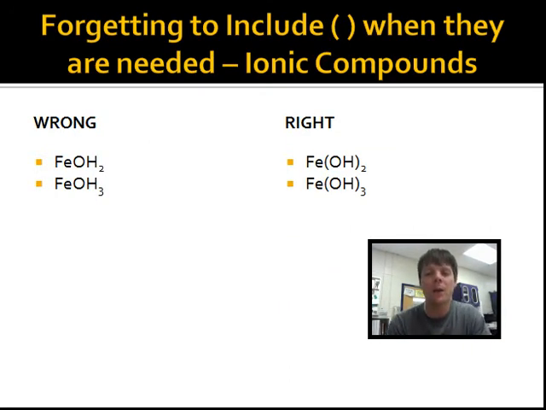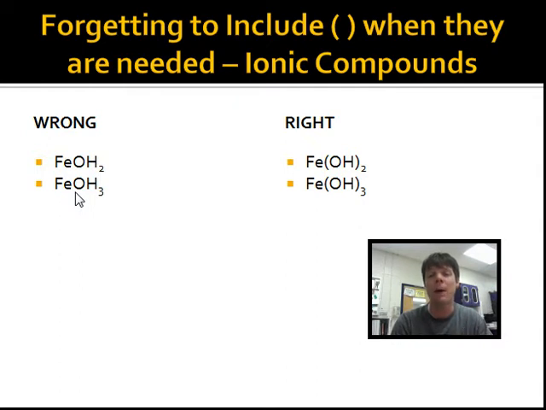Another big concern is making sure that we're correctly using parentheses when needed for ionic compounds. For example, if we have iron 2 hydroxide, the iron 2 tells us that the iron ion has a positive 2 charge. Hydroxide ion has a -1 charge, so we need a 1:2 ratio of iron to hydroxide to get a neutral compound.